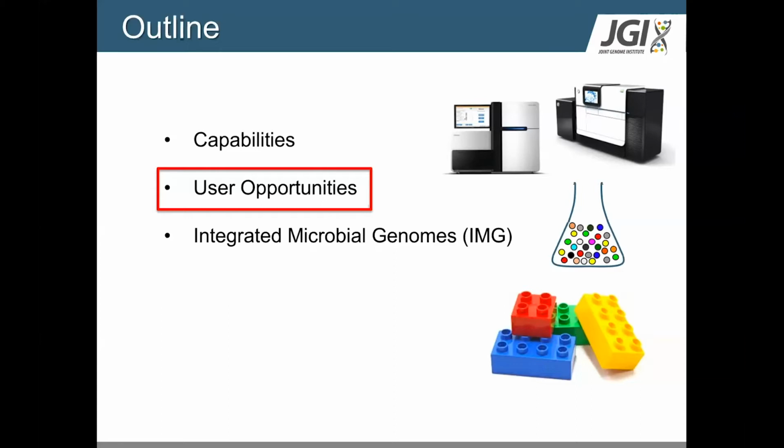It's not a study about human genomes or something like that, but it's of DOE mission relevance. And at that point, you're invited to submit a white paper proposal. And then those white paper proposals undergo a peer review process by the scientific user community.